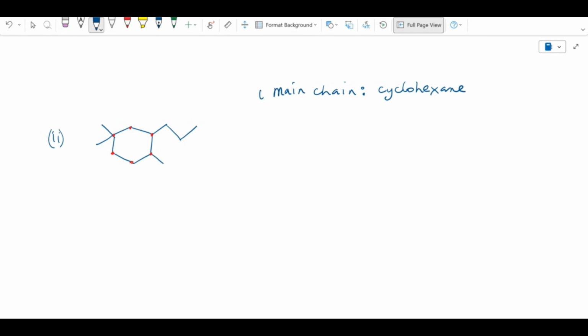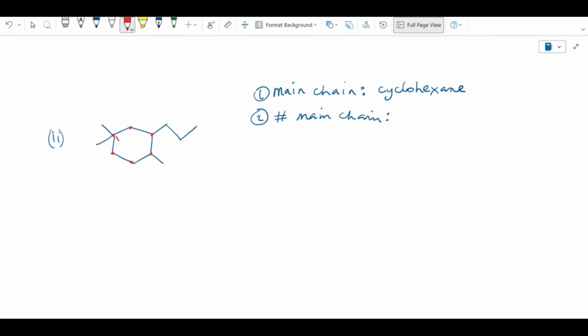So the next thing would then be to number the main chain. You have to number it in such a way that you will get the lowest numbering possible. And to get the lowest numbering possible, we will start from here. Wherever on the ring you have 2 substituents, usually you should start numbering from there because that will usually give you the lowest numbering possible.